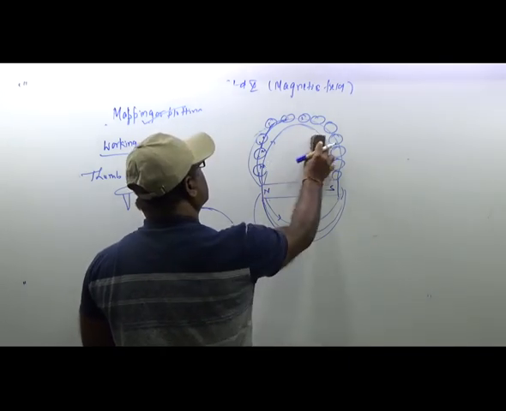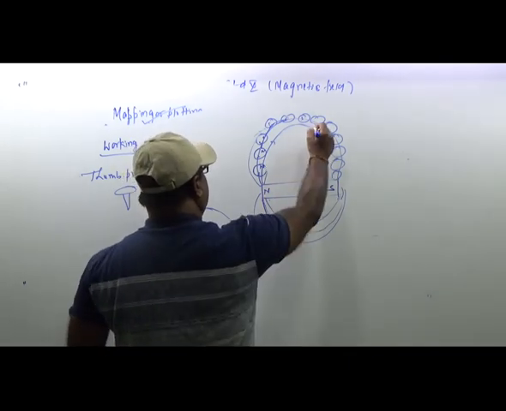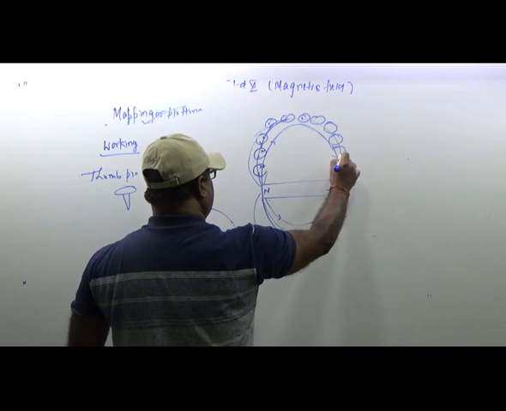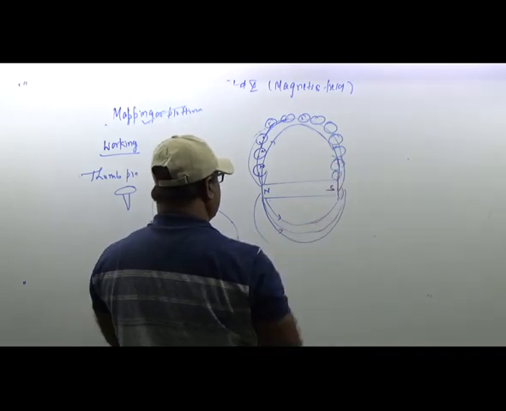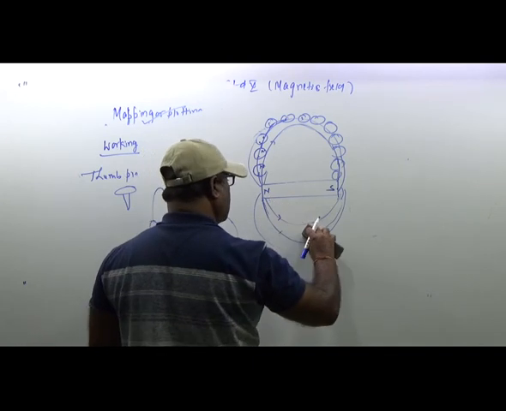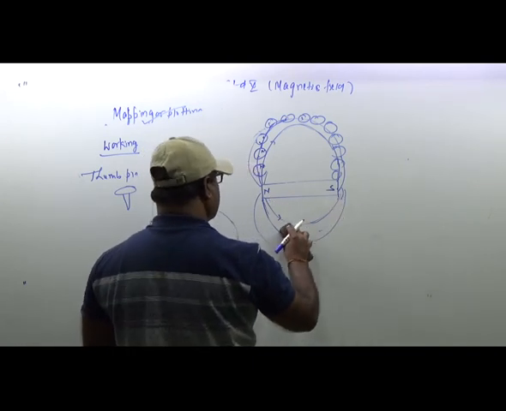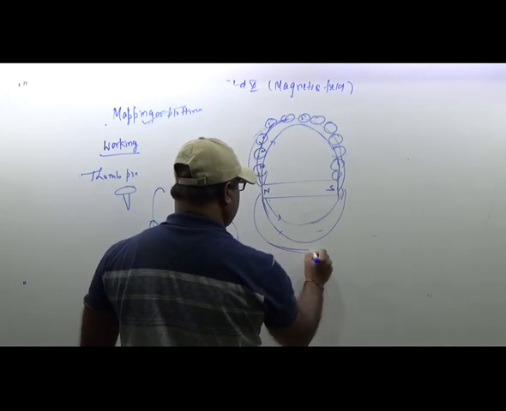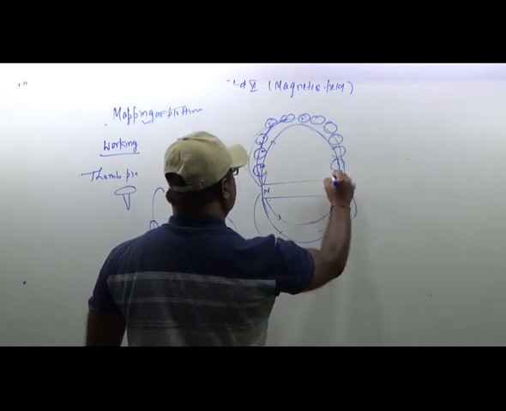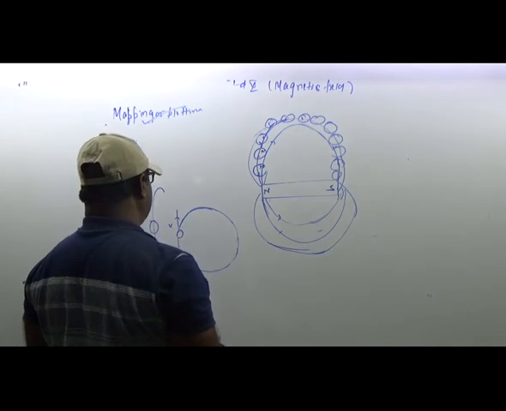Keep in mind that they should not intersect each other. Yes, this is the property I will teach you, that magnetic field lines do not intersect each other, and these questions are always asked.